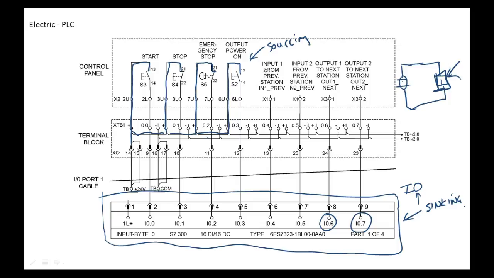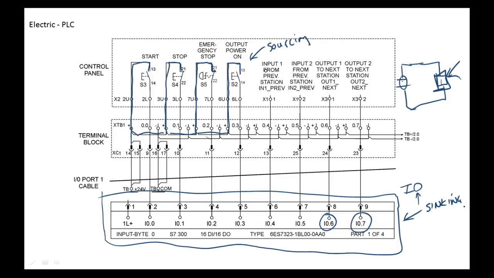Now this is a term they pulled in from digital logic. If you've had digital, we'll talk about sinking and sourcing in detail, and it's still true on the PLC. When we provide the voltage, we call it sourcing. The device that provides the ground, we call sinking. In a logic gate, the two output transistors are a sourcing transistor and a sinking transistor, and that's exactly where these terms come from.